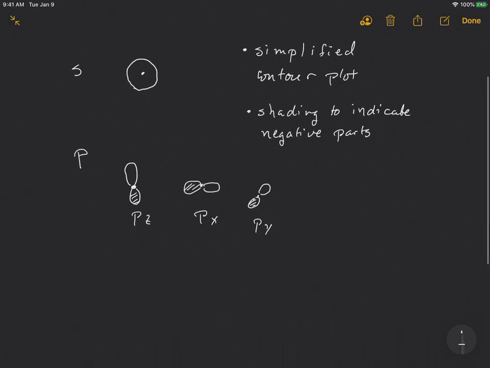Now when we move on to molecular orbitals, it gets a little bit more complicated. First of all, we've already looked at the s case. Let's look at that again.